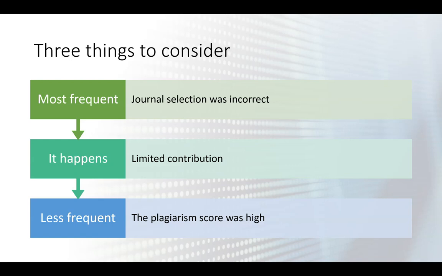Then it turned out the Turnitin score was around 24, 25%, which is not that bad, but again, it can be termed as high. So if you are using any plagiarism software, look at the score and make sure your plagiarism score is as low as possible.